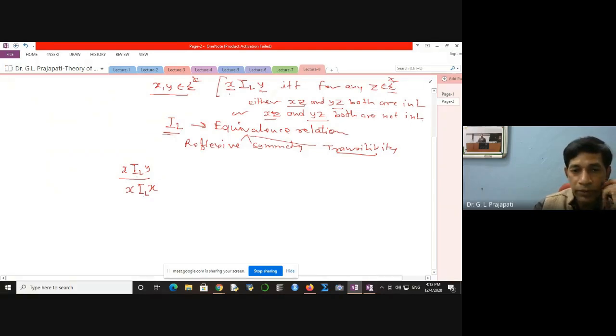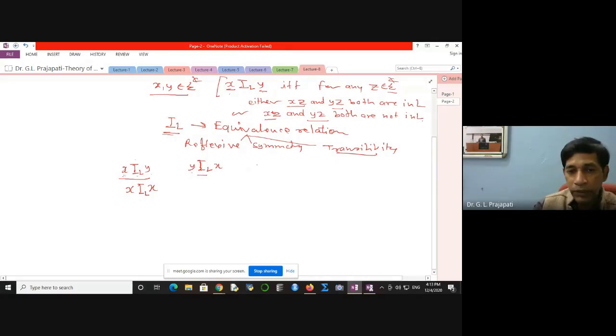In the case of symmetry, if you are not going to distinguish x and y, then this remains the same. If x and y are related with IL, then y and x are also related with IL. This is the symmetry case.